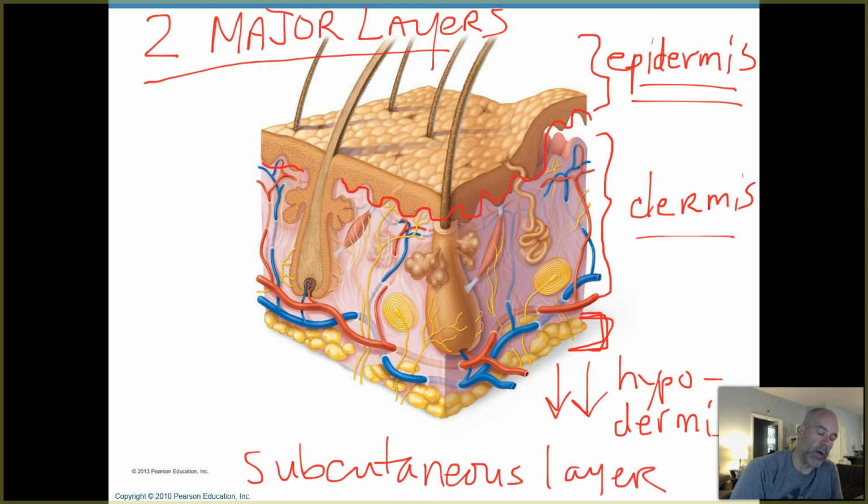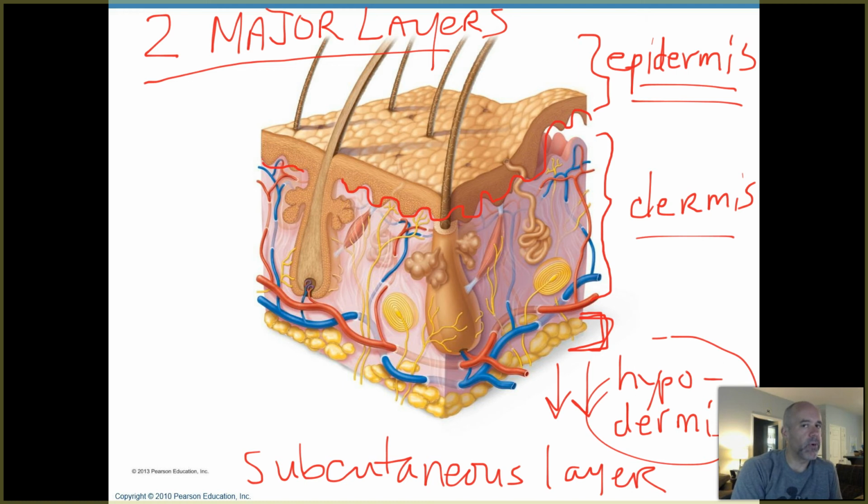If you've seen your physiology lectures for chapter 4, we talked about how the skin is a cutaneous membrane. So subcutaneous means beneath the skin. The hypodermis, which literally means, hopefully by now you're remembering, that hypo means underneath or below the dermis. So that's where those names come from.